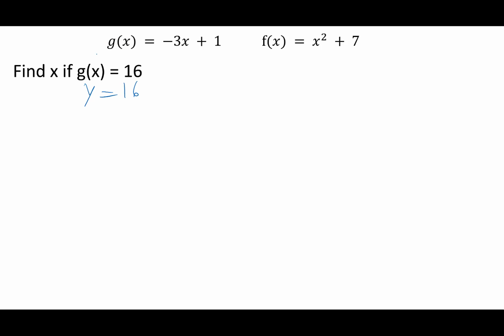I can replace the g of x or f of x with the letter y, and I would still have the same function. So we're using g of x. So we get g of x is equal to negative 3x plus 1. Now we know that g of x, or our y value, is 16. So we're replacing that.